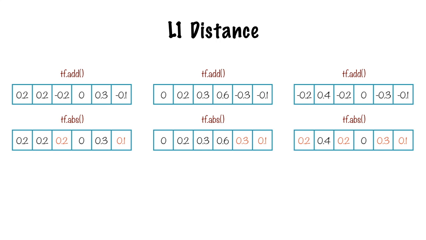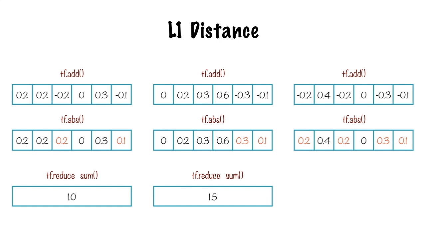Next, we will go ahead and add element-wise each of these vectors and reduce them into just one number per distance vector. We do so using the tf.reduceSum method, which simply adds all of the elements in a vector. So for instance, the value 1 is equal to the sum of all of the elements in the absolute vector, which was previously calculated.